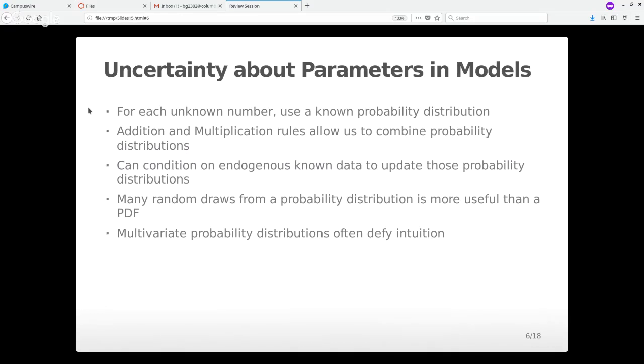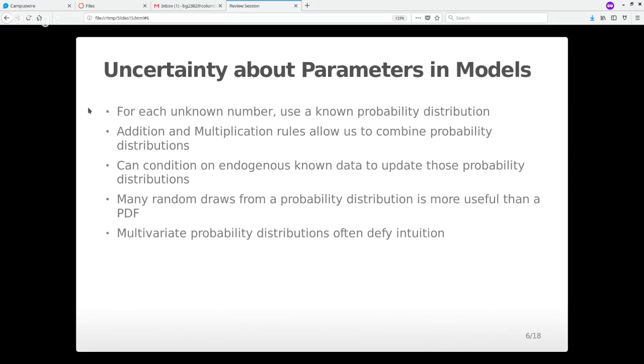Rarely are we going to be able to have an analytical form of that conditional distribution for all the unknowns given the known data. But that's okay, because having many random draws, as long as those random draws are not too dependent on each other, give us a representation of that probability distribution that is actually a lot more useful than having a PDF or a CDF or something like that for our posterior distribution.